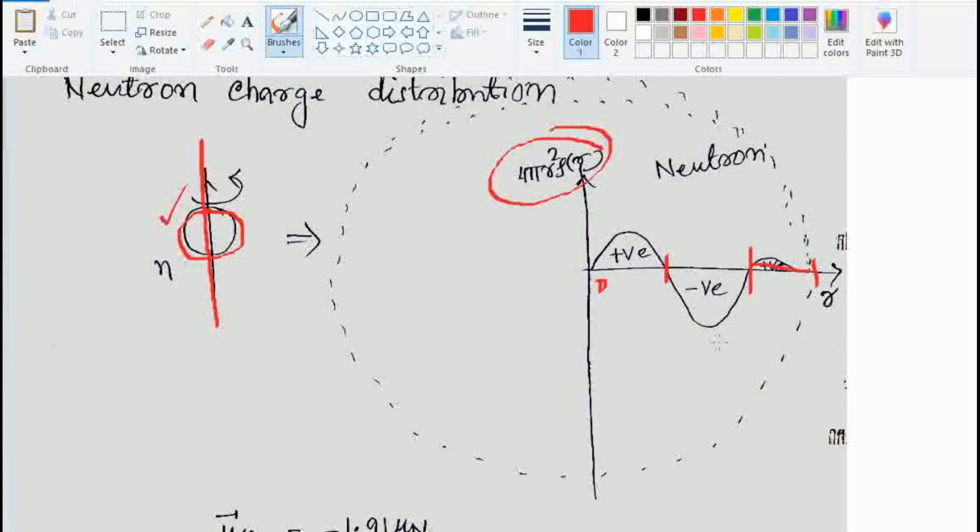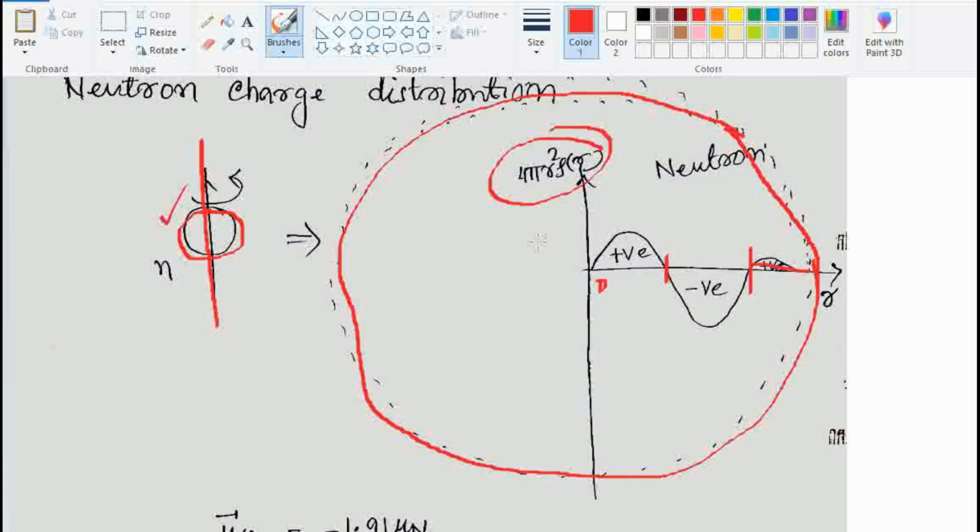Okay, but as it is spinning, if you imagine this as the neutron, and it is spinning, then there is a net contribution of this charge. This negative charge area is larger compared to these two.